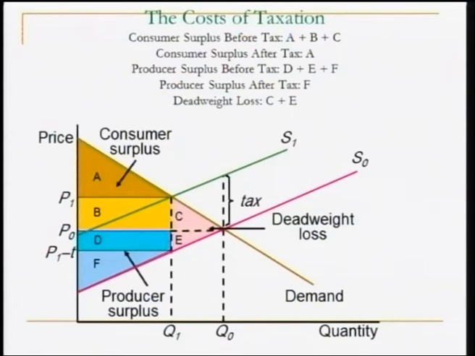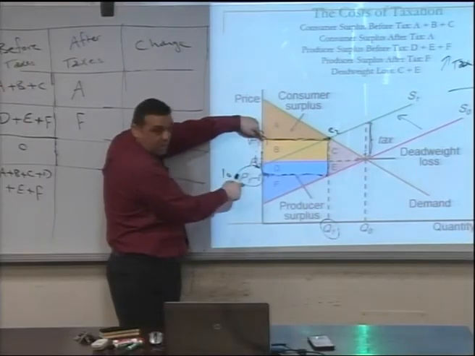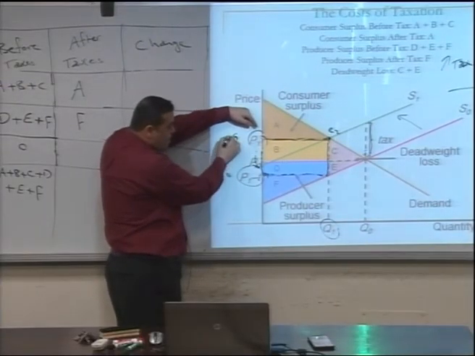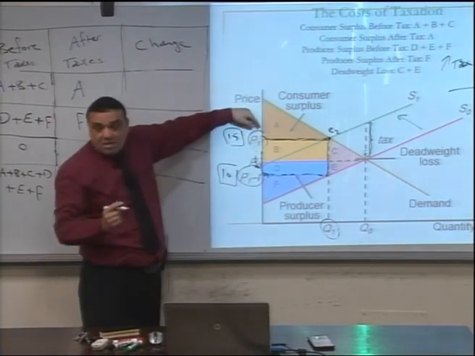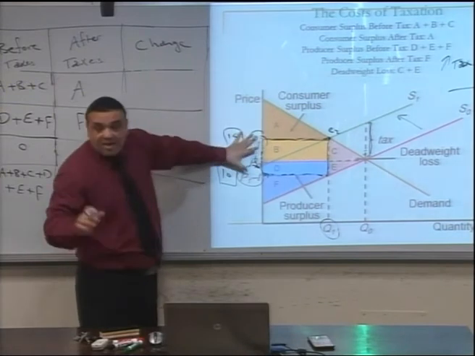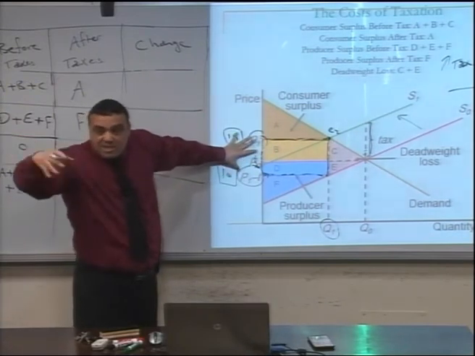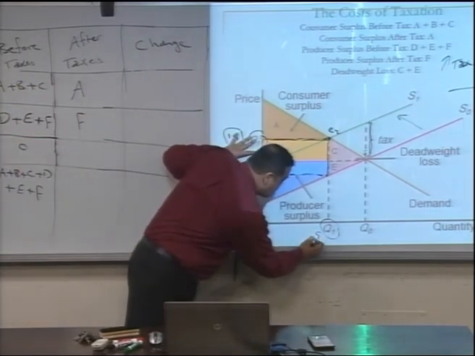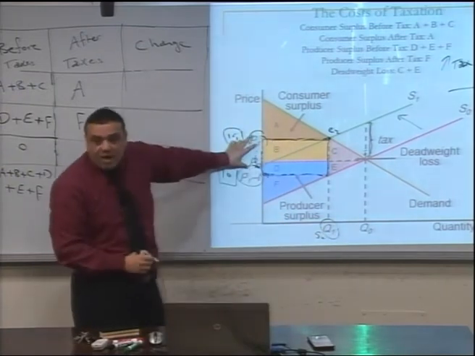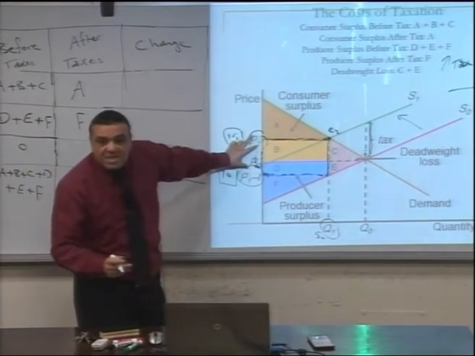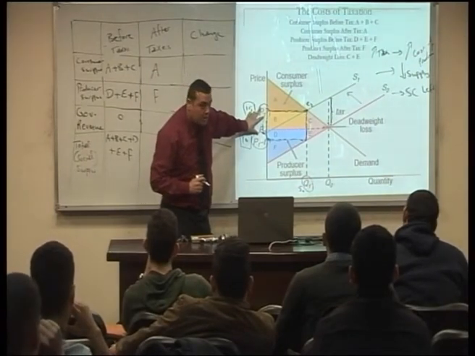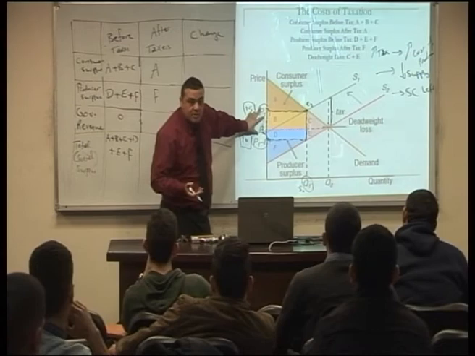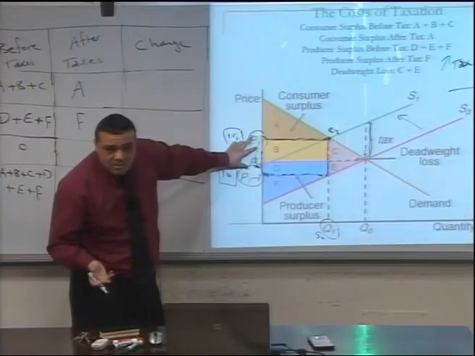Let us assume this is 10 at this price, and here is 15. The tax per unit is $5. And let us assume that the quantity sold is 50. So 50 times 5 is 250. This is the government revenue of tax. Is there a problem? No.